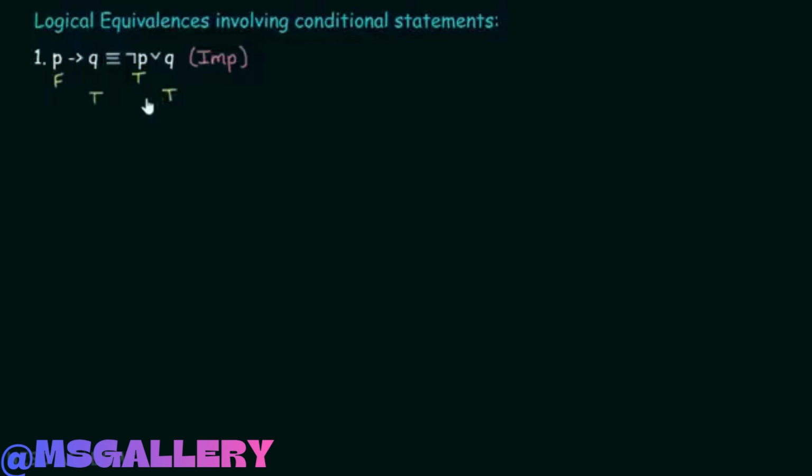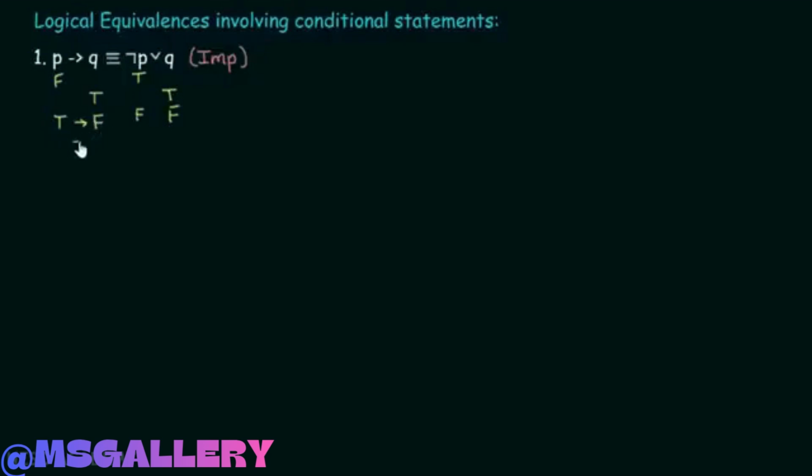Now let's try to prove that when not P or Q is false, then P implies Q would also be false. This can be false when both of them are false, that is, when not P is false and Q is also false. If not P is false, then P would be true. And if Q is false, then here also Q is false.